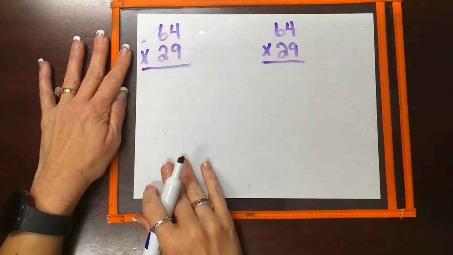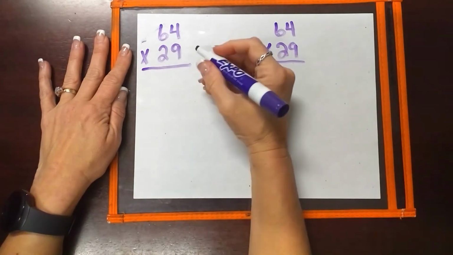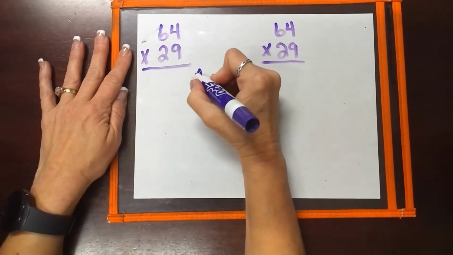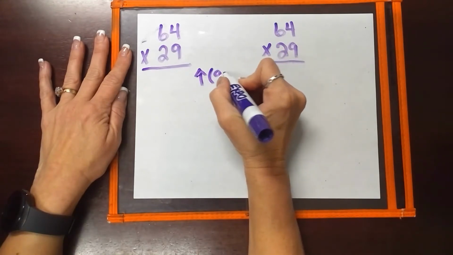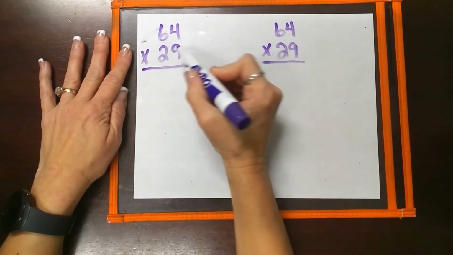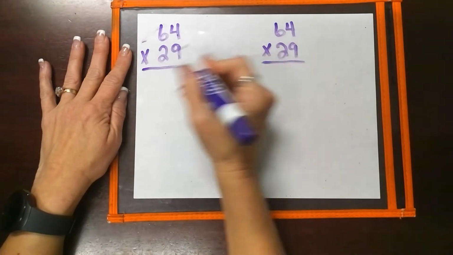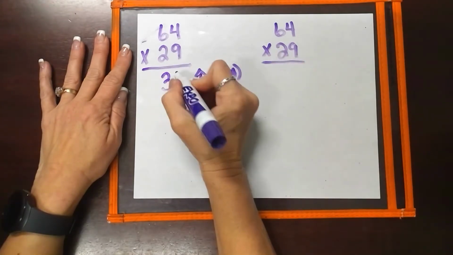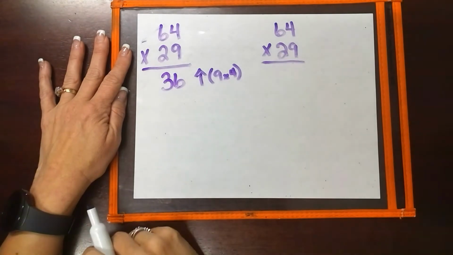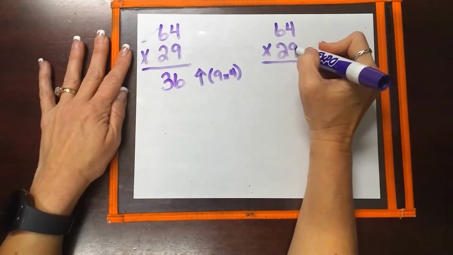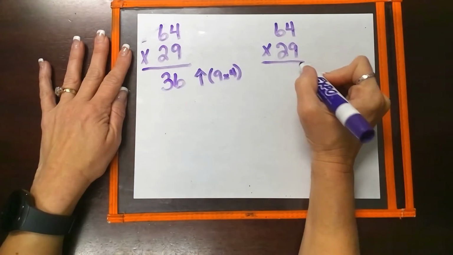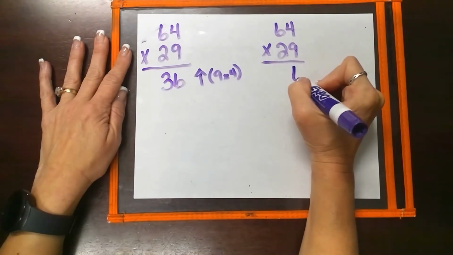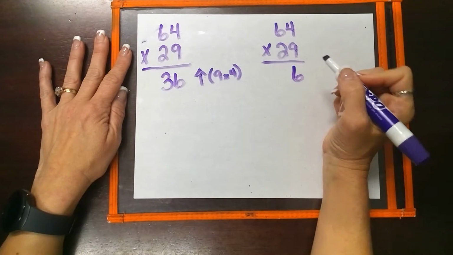Okay, so we're going to ask students, what is the first thing that I do? I multiply the 9 by 4. 9 times 4 is 36. Okay, so I can come here. 9 times 4 is 36. Okay, but instead of 2 steps, I want to do this in 1 step.